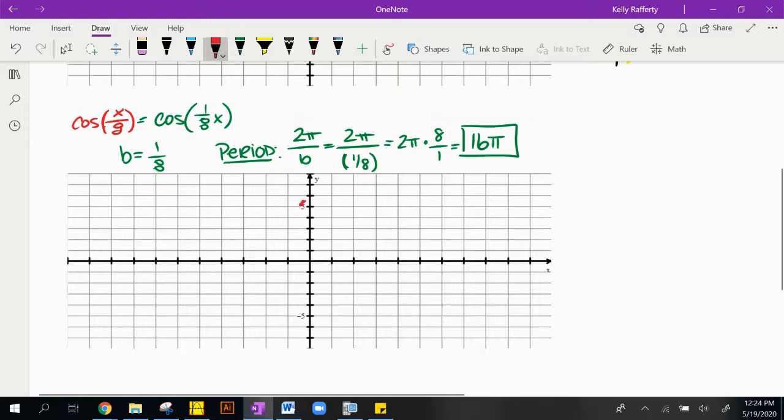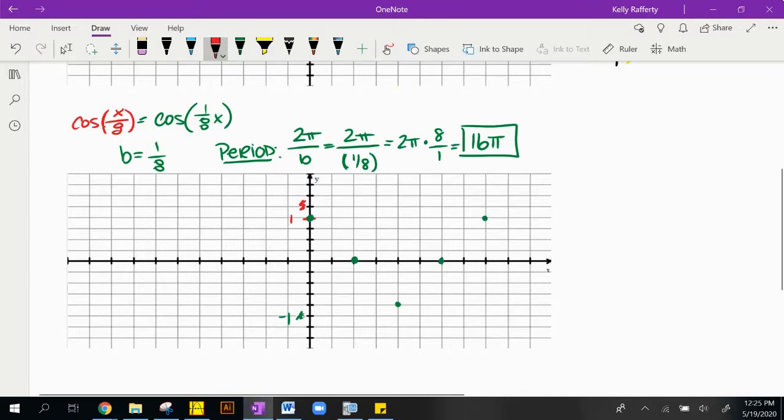So again, what we could do with that, and again, I'm going to rescale this. I'll make this 1. So I'm just going to graph what the cosine curve would normally look like. It would normally be 0, 1. And I'm just going to put our key points at specific units. So I'm just going to do every 2 lines and my key points.